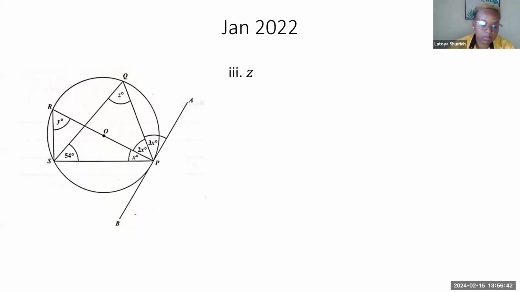We have more than one way we can work out Z. Would somebody like to open their microphone and tell me what you did to get Z? I'm seeing numbers in the chat, but I am not seeing any explanation.